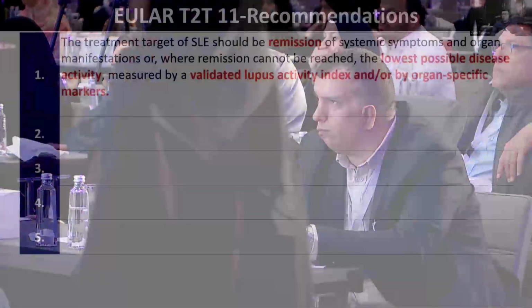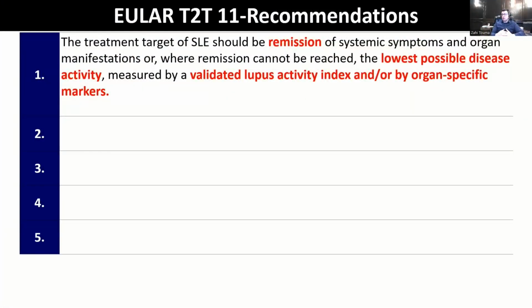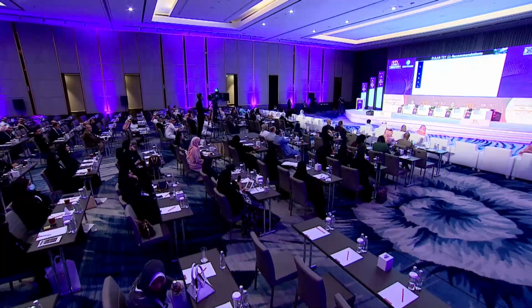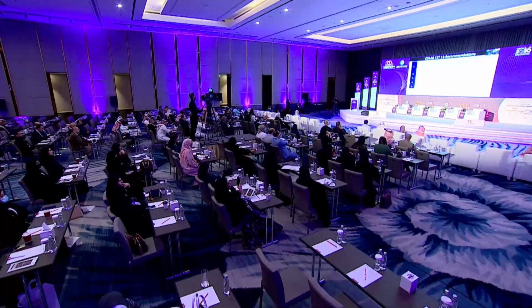The first recommendation being that we should always aim to achieve remission when we treat patients with lupus. And if you can't achieve the remission, you have to achieve the lowest possible disease activity, partial improvement, whether 25 or 50%. And we did see recently the KDIGO recommendation for the management of lupus nephritis, where ideally we would like to see a 25% decrease in the level of proteinuria by 3 months and 50% by 6 months.